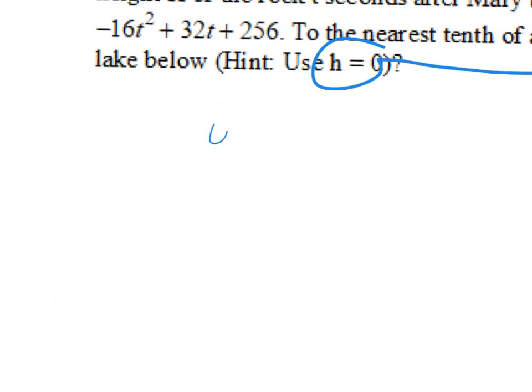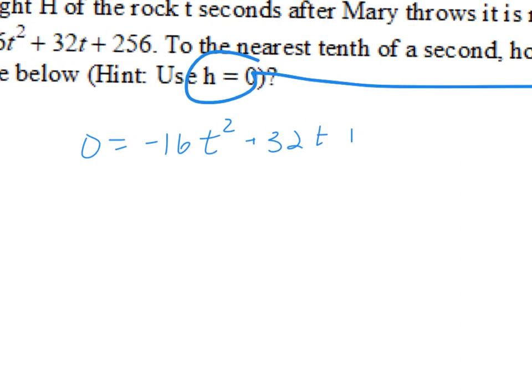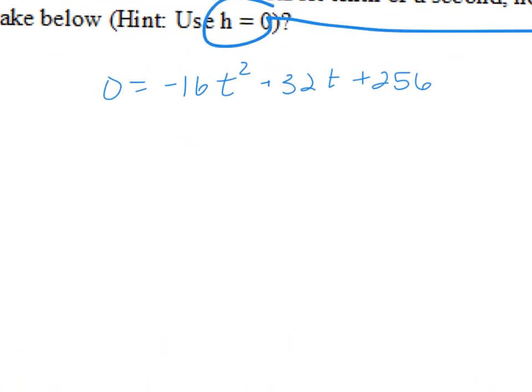So we've got 0 equals negative 16t squared plus 32t plus 256. All right, so quadratic. This is your a, b, and c. So x equals negative 32.